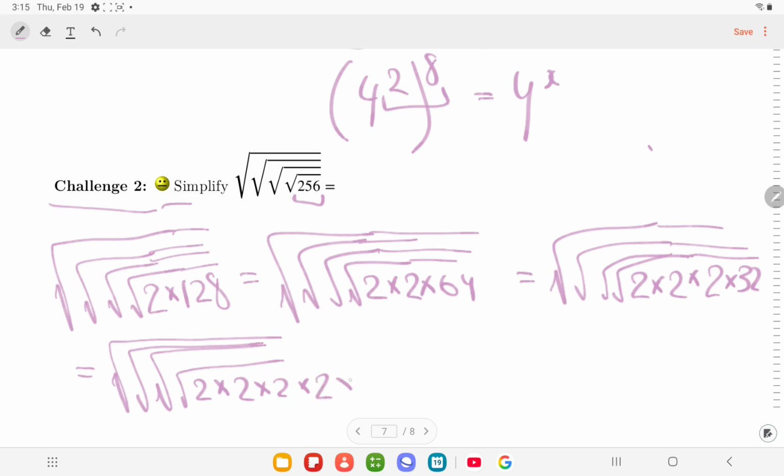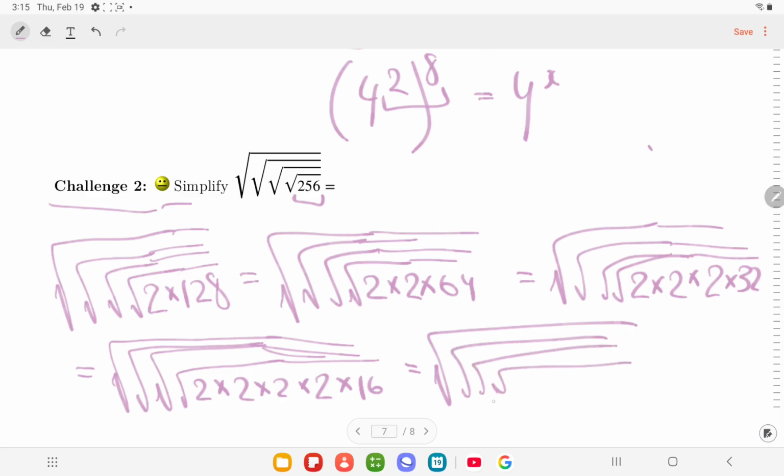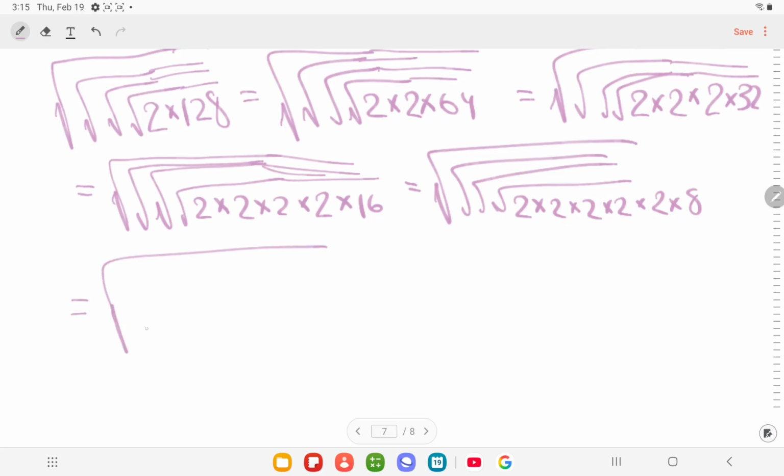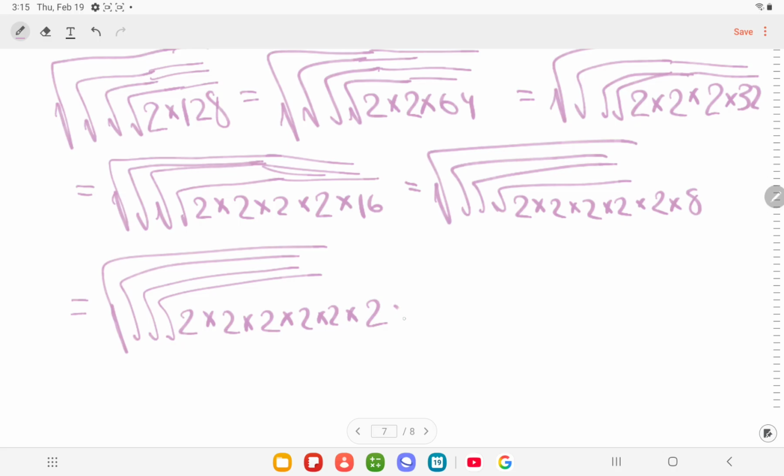And 32 is 2 times 16. Now we can break down the 16. And the 16 is 2 times 8. And we can break down the 8. 8 is 2 times 4. And 4 is 2 times 2, so I'm going to write it like that.